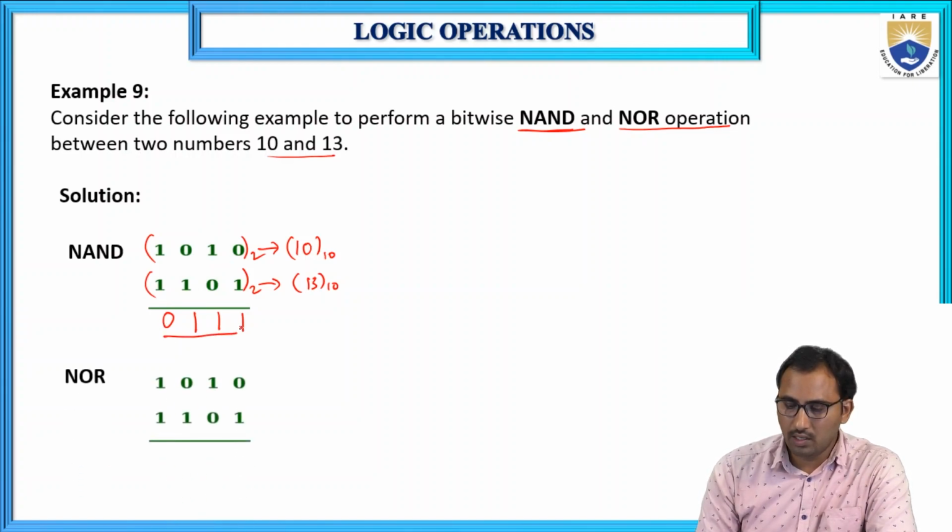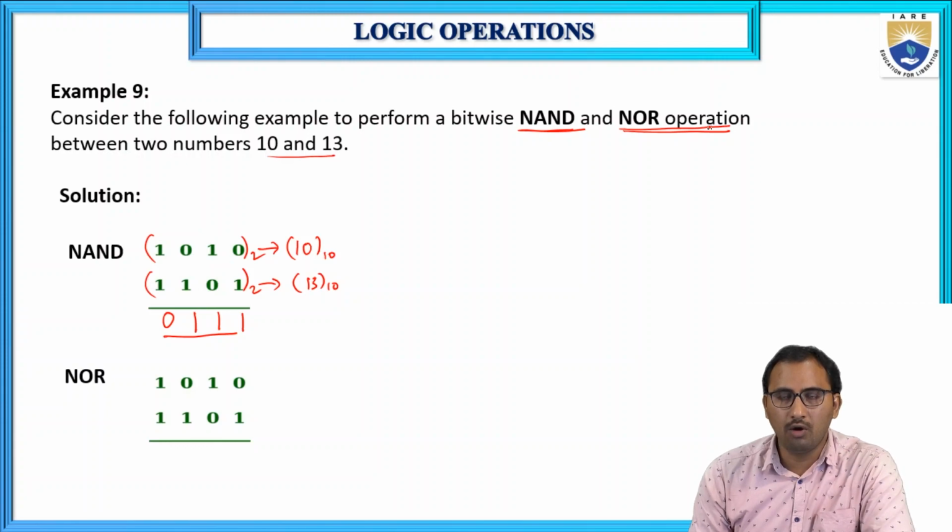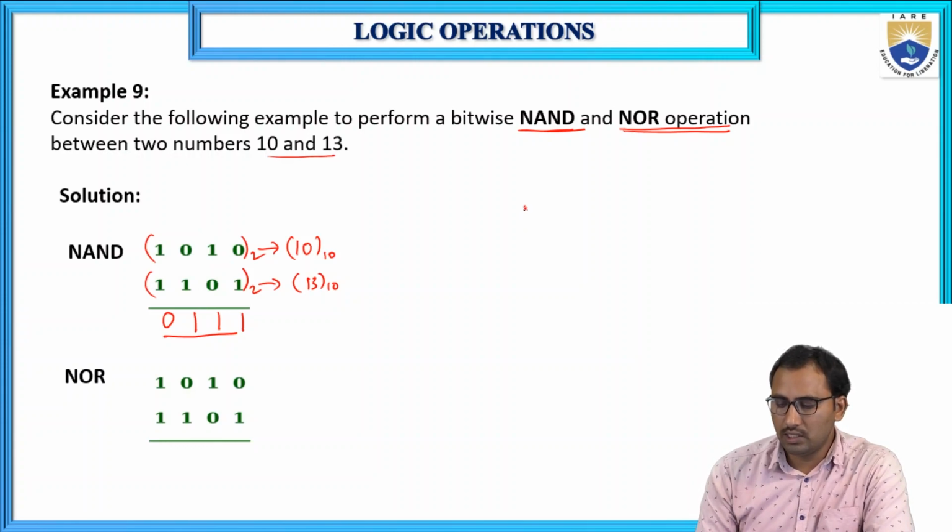Coming to the NOR operation. What is the NOR operation? The NOR operation is the complement of the OR operation. What is the OR operation? For inputs 0 0, 0 1, 1 0, 1 1, in the OR operation, if any input is logic 1, then the output will be logic 1, and the output will be logic 0 only if all the inputs are logic 0.